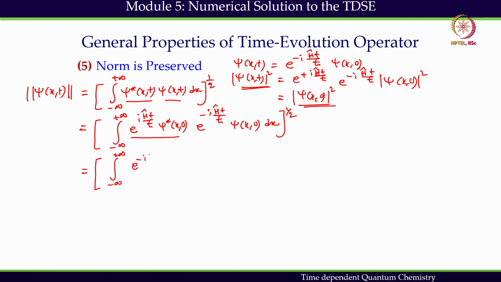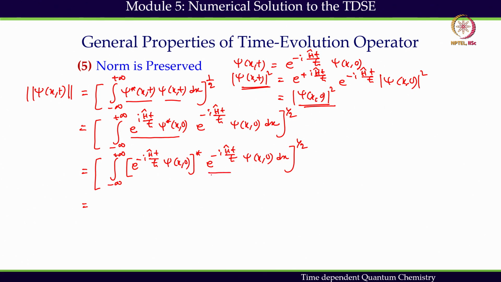I have clubbed e to the power minus i h t by h cut psi x 0 together and placed it under the star, which means the entire thing has to be complex conjugated, and the remaining part I keep here, e to the power minus i h t by h cut psi x 0 dx to the power half.